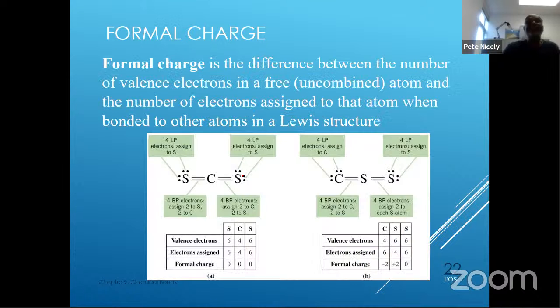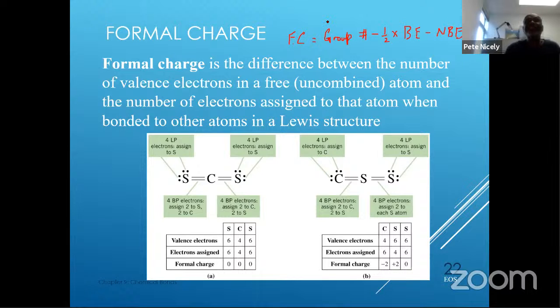Okay, so let me squeeze the formula up here. So the formal charge of an atom is equal to the group number minus half the number of bonding electrons minus the number of non-bonding electrons, all right?